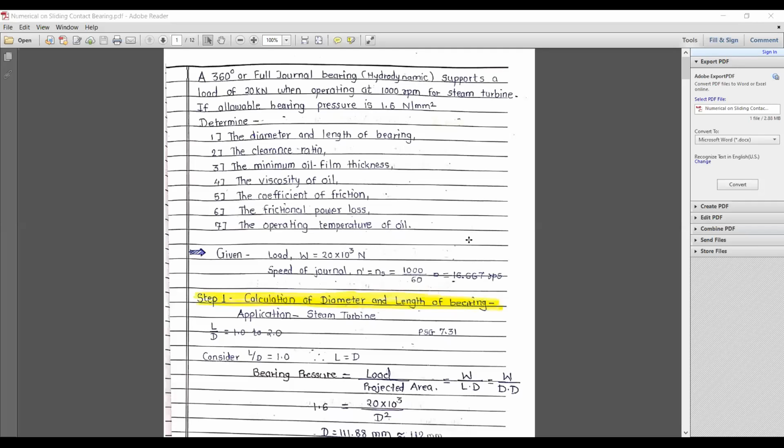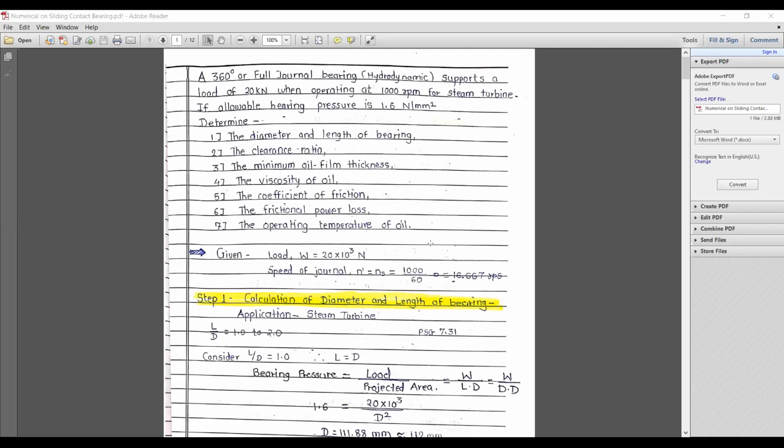As we have already discussed the design procedure, let's start with the design of a full journal bearing. Consider a 360 degree full journal hydrodynamic bearing supporting a load of 20 kilonewton, operating at 1000 rpm for a steam turbine. Here the application is given, that is a steam turbine.